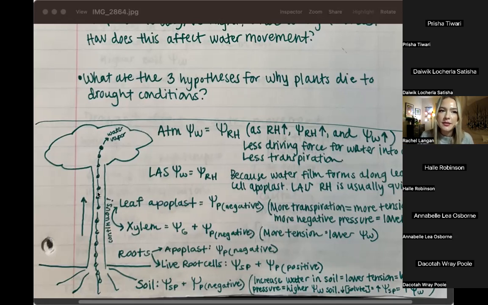So if you're pulling more, does that mean there's less pressure, which means more negative? Or would it be the opposite? As you increase tension, that's more negative pressure. And so that's more of a negative sign, so less on the pressure potential.